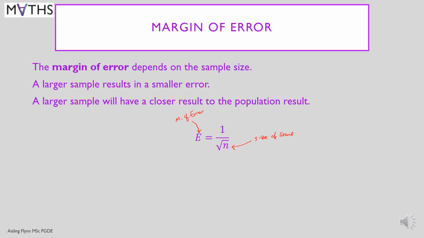And if you have a larger number as a denominator, the value of the error as a whole will be smaller. So more people or more data, smaller error.